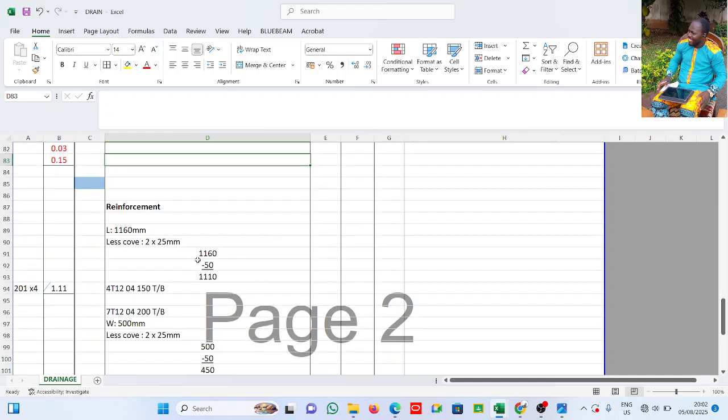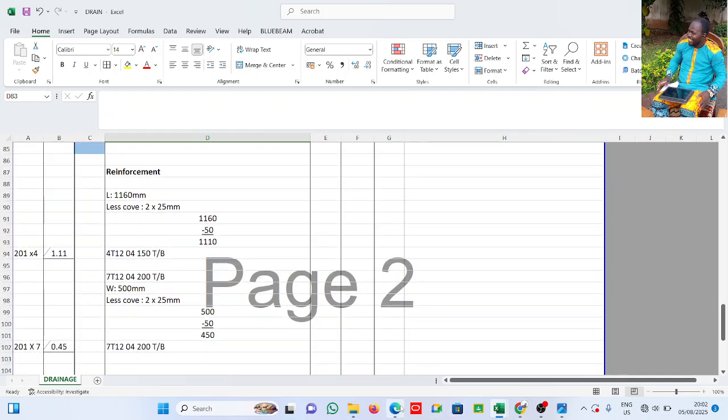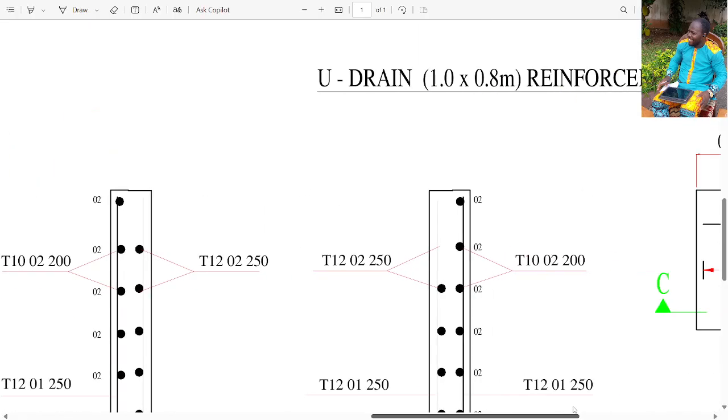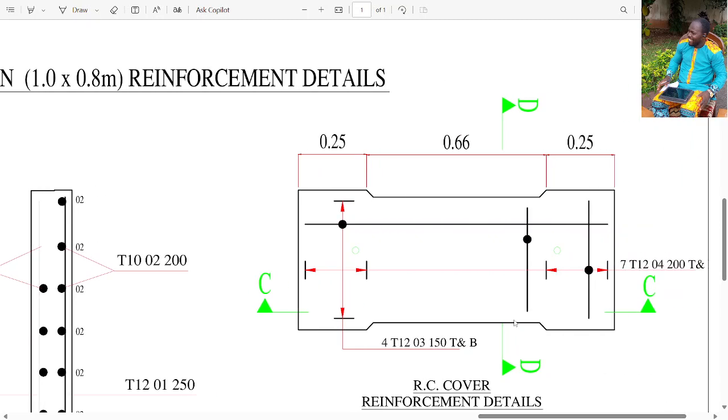Alright, reinforcement is the same thing as what we did there. See this is the detail here. Let's study the details quickly so that we'll come back and close this out. This is 7012 04 200. I've explained this before. The other ones, we have the horizontal and the vertical.